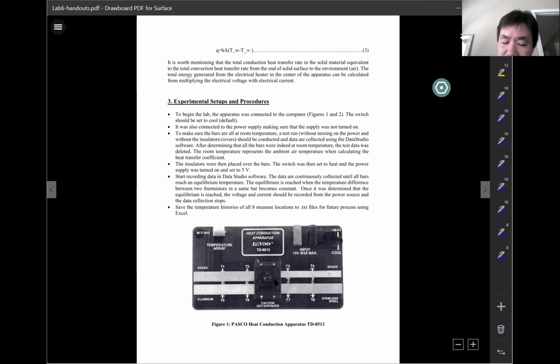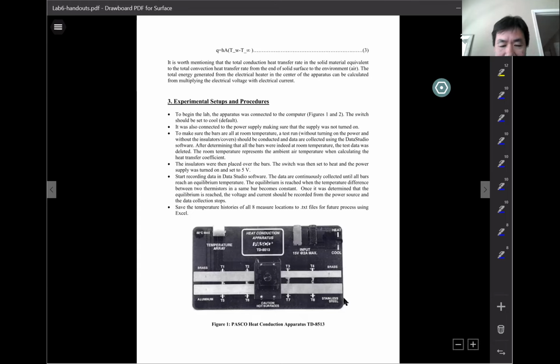When you do the experiment, there will be an insulator cover over all 4 bars, so there should be minimum heat transfer through the sides of the metal bars, because it's insulated to the side.